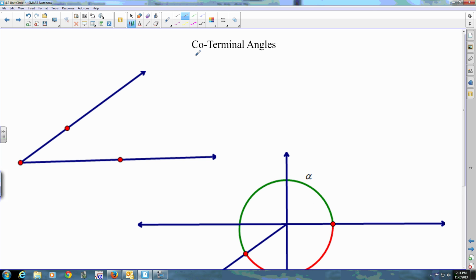Some more terminology, coterminal angles. This is your initial side, and this would be your terminal, your ending side. Initial side, terminal side. Coterminal angles are angles that end on the same side.